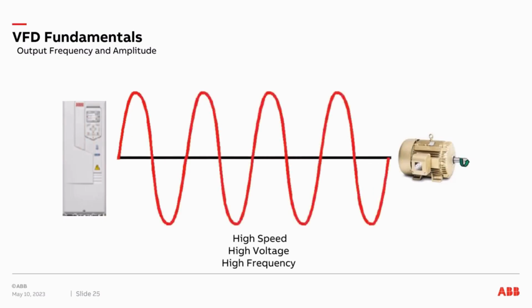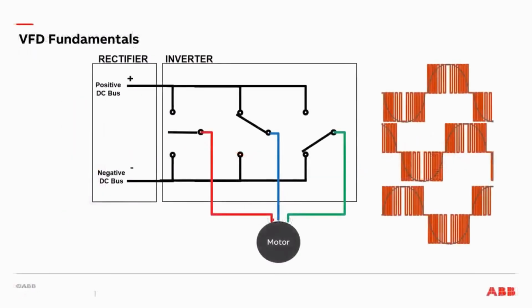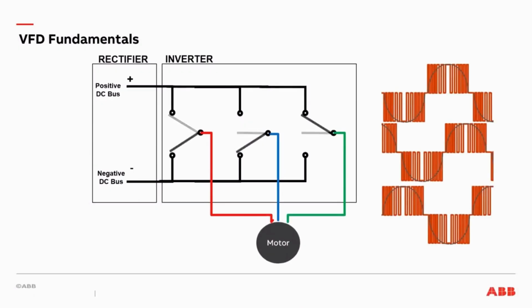So a higher frequency with a higher voltage gives a higher speed on the motor. A lower frequency and a lower voltage gives you a lower speed on the motor. Since we're doing this for 3 phases, we're changing the phases for the motor. As we look at the system, we're rebuilding a 3-phase output to the motor.